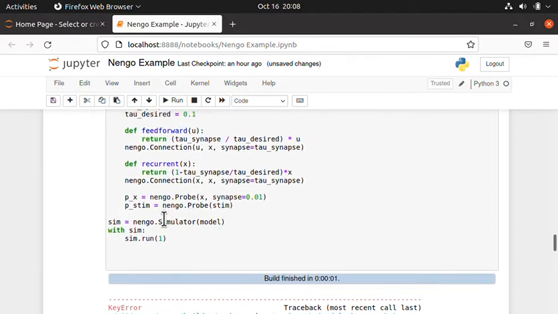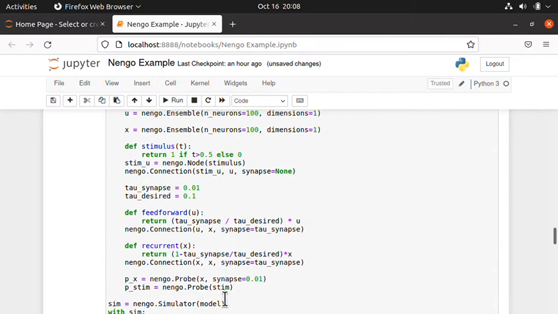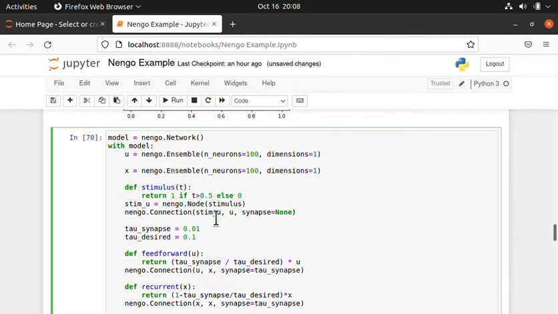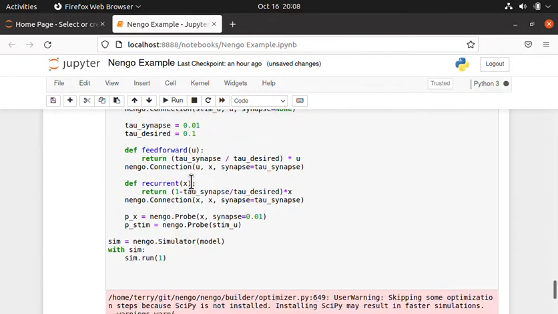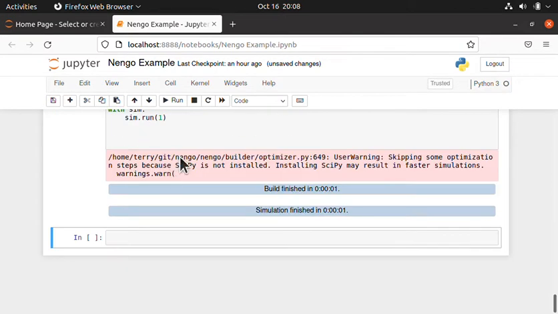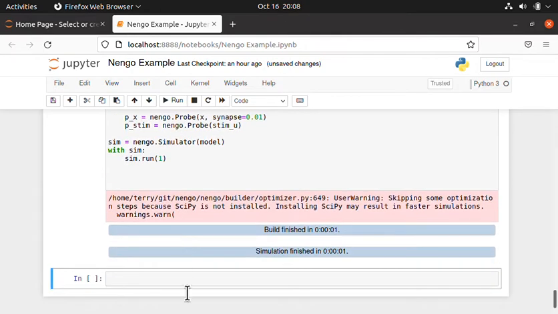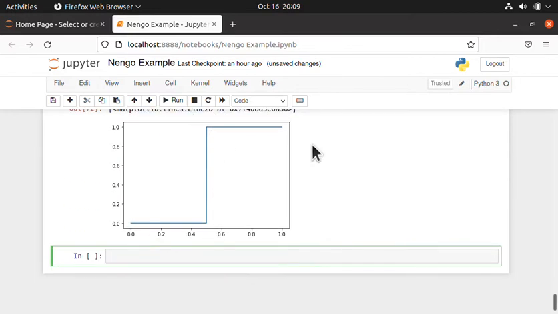What did I do wrong? Oh, it's not called stim view. There we are. I just connected it to totally the wrong thing. Good. Now, range. So what's that stimulus? Okay, there's our stimulus.